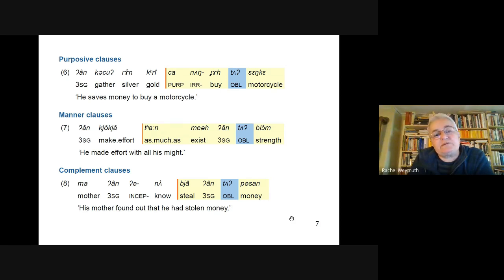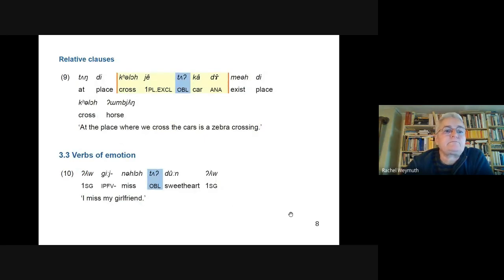Then also complement clauses: his mother found out that he had stolen money. Here also ta in front of money, the direct object. Then also relative clauses: the place where we cross the cars is a zebra crossing. So here also ta in front of car.